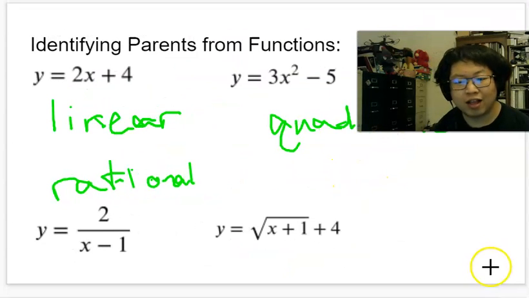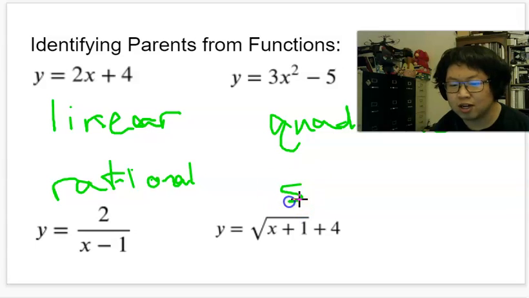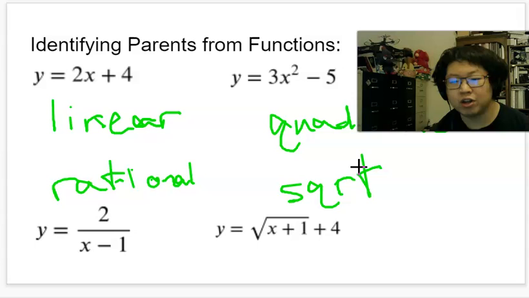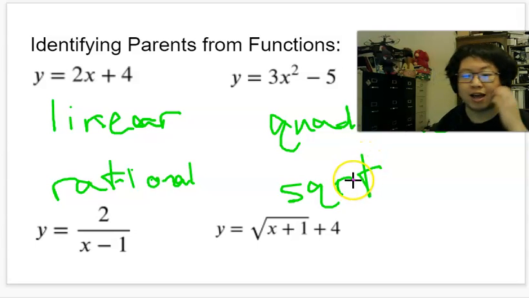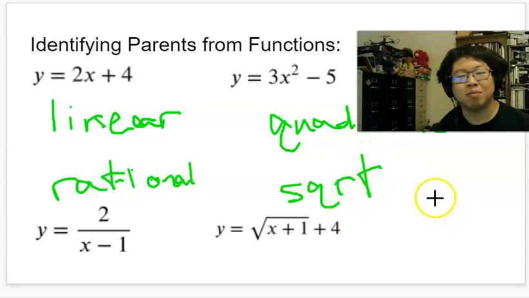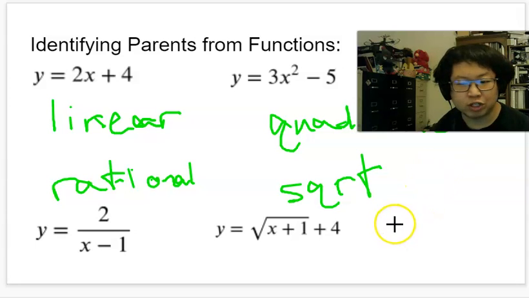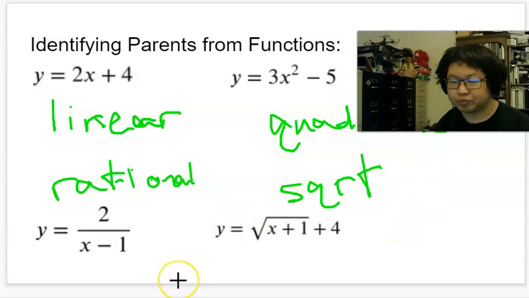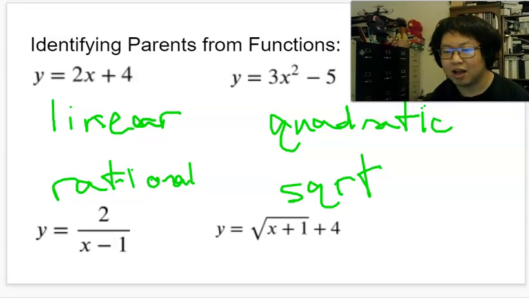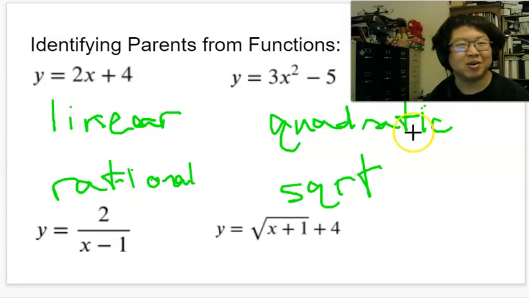And the last one, of course, has a square root sign in it, so that is the square root. I'm going to call it squirt. You are free to shorten it like that as well. That is totally acceptable by me. Square root function there. Hopefully you got a chance to take a look at all this stuff. Oh, I kind of blocked quadratic, didn't I? Oh well, quadratic there. So there you are.